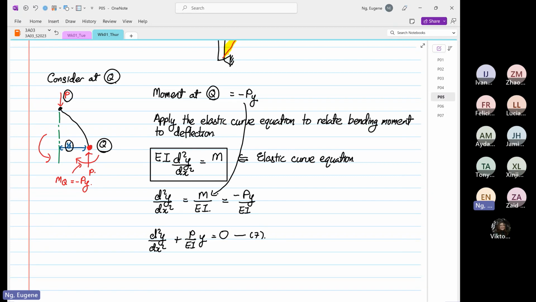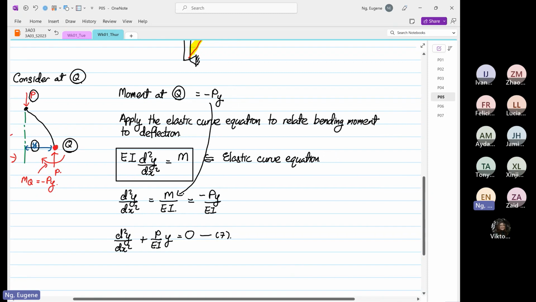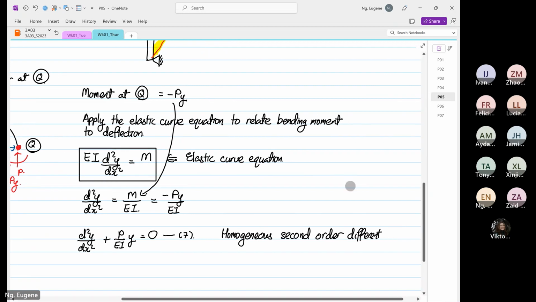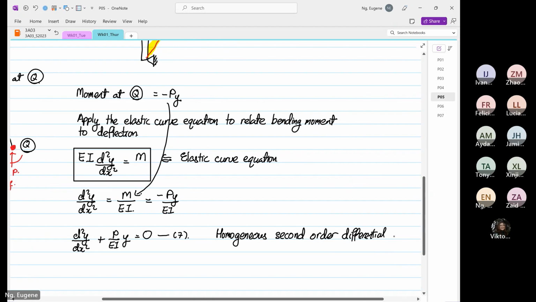So this is known as a homogeneous second order differential equation.